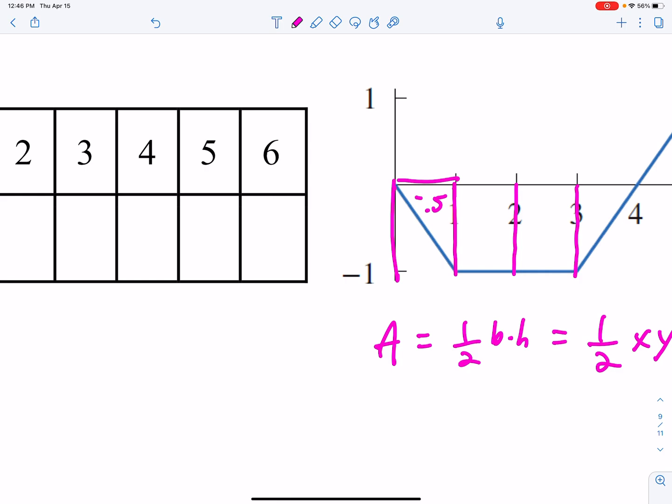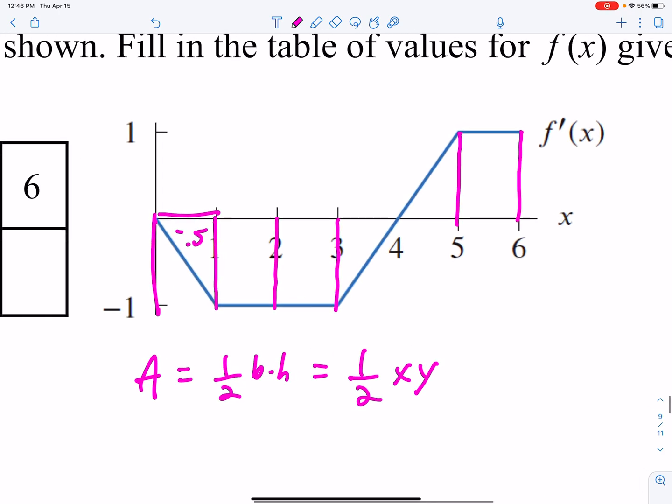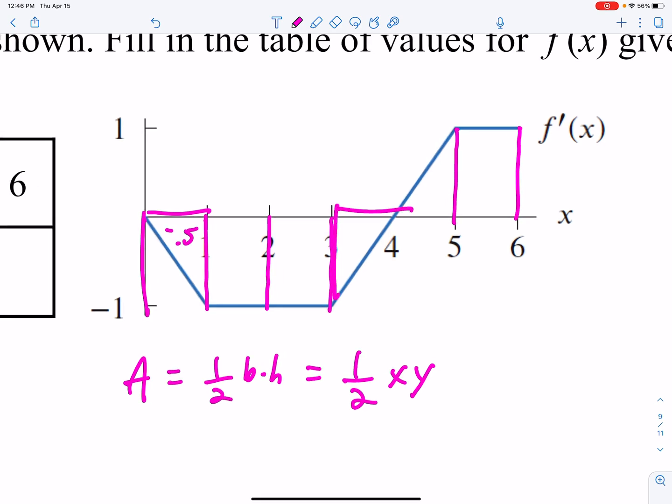Okay, so let's calculate all these areas first, then we'll apply them to the graph. We know this triangle is the same. It's 1 unit by 1 unit, and half of that is, again, 0.5, but negative since it's below the x-axis. Now these two rectangles here, the area of a rectangle is simply base times height.